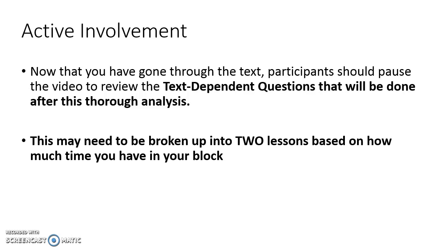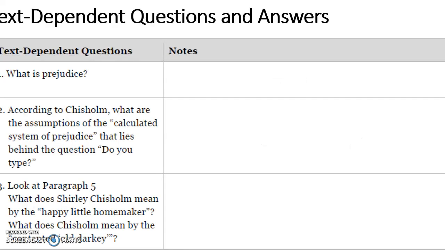After they've gone through all of that and we've dissected and done the first analysis of Equal Rights for Women, they have these text-dependent questions that they have to answer to get even more thorough analysis out of it. I did have to break this up into 2 lessons, but based on how long your block size is or how quick you think your students can pick up on this, it might vary a little bit.